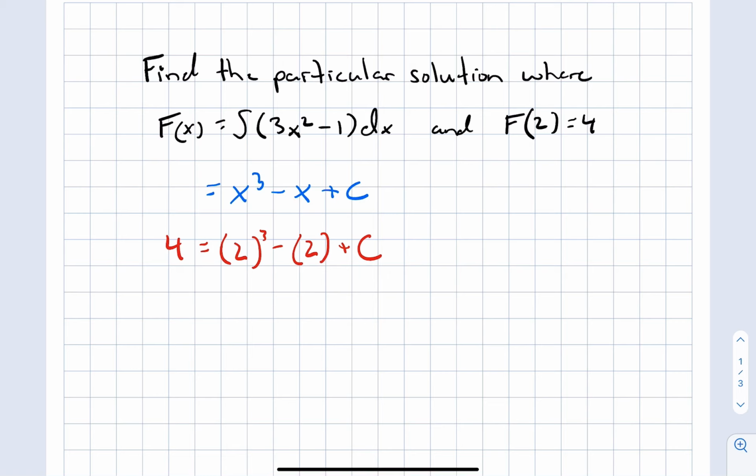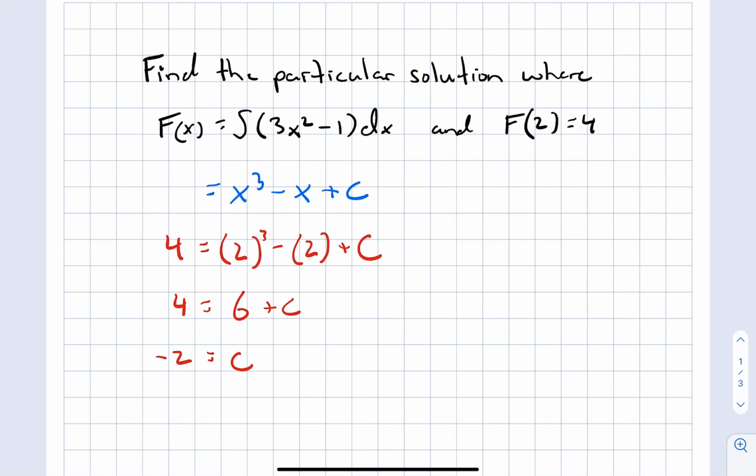All right, so just algebraically speaking, we can figure this out. We can cube the 2, that is 8, minus 2, so that's going to be 6, plus c equals 4. And then whether it's mental math or using algebra, we would now know that c equals negative 2. Okay, so putting this all back together now, we have our general solution here, but we have figured out that c is negative 2.